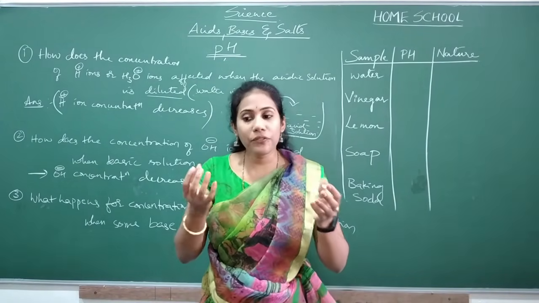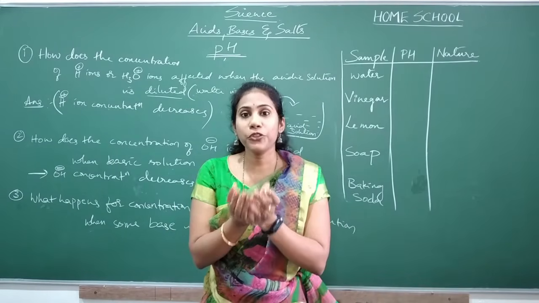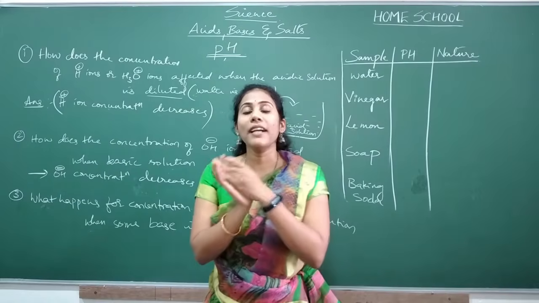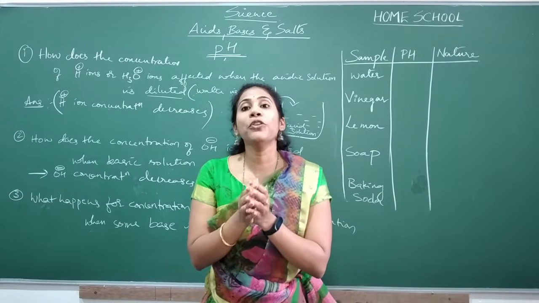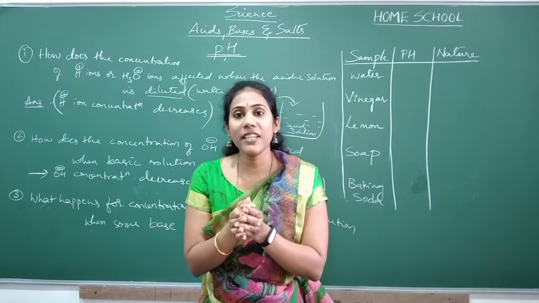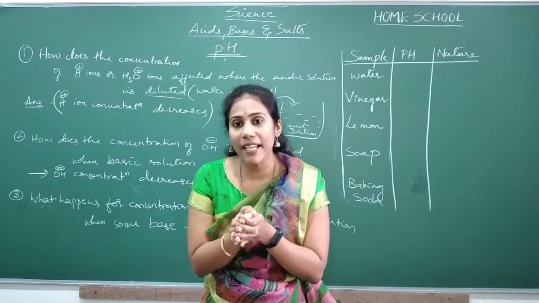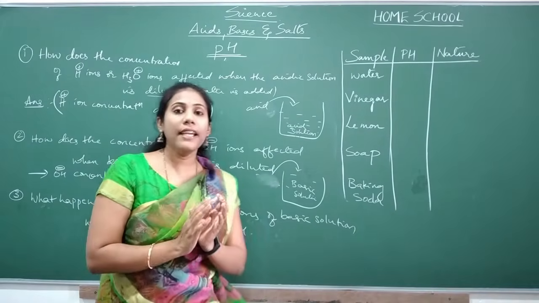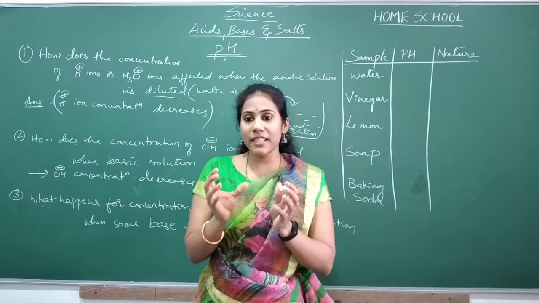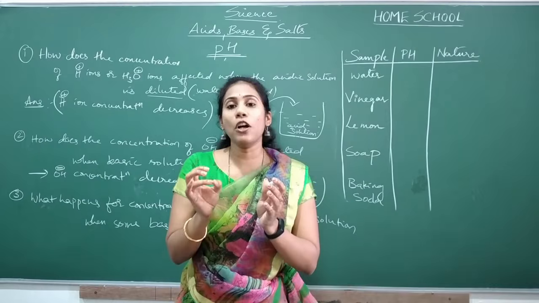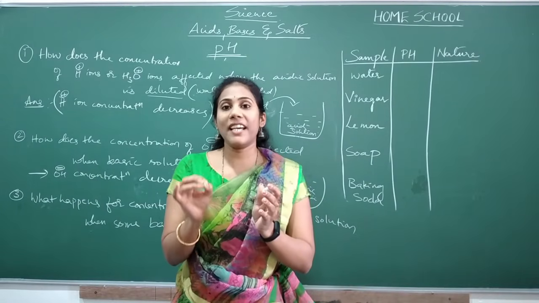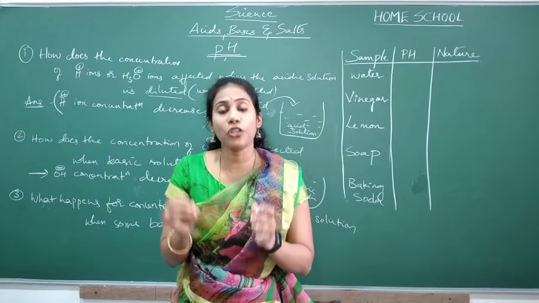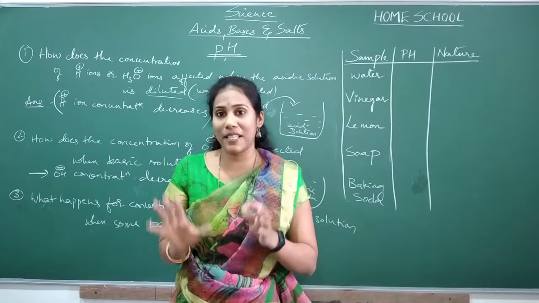Now you have two acids with you. Both are colorless. One is strong and one is weak. How do you know which is the strong acid and which is the weak acid? To find that out, we use a concept called pH. pH is nothing but the strength of hydrogen ions. We are measuring the concentration, or the amount, of H plus ions.